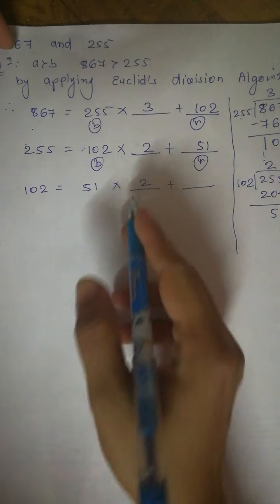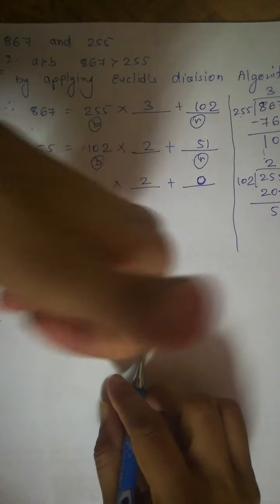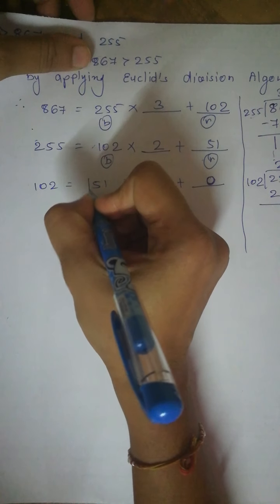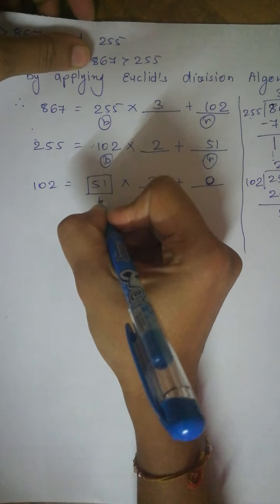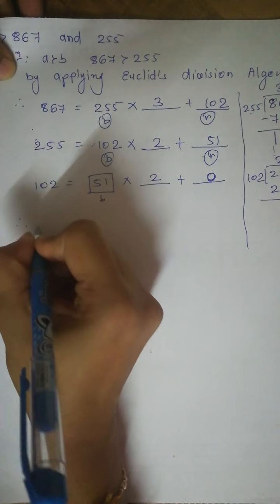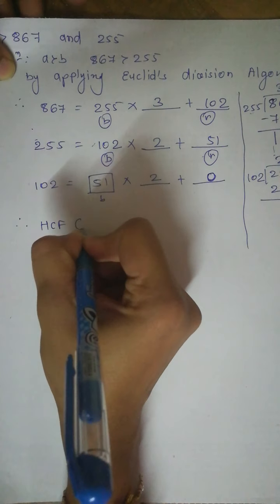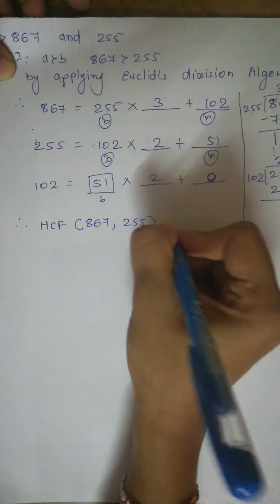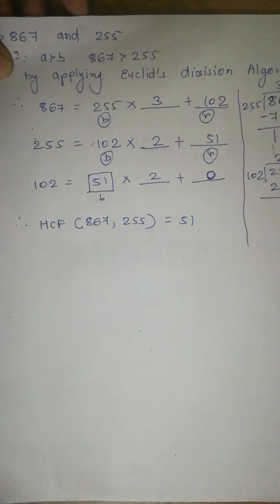So we'll just check directly: 51 twos are 102, and we get the remainder as 0. So bingo, we have r equal to 0. That's why at this stage the b is your HCF. So therefore the HCF of 867 and 255 is equal to 51.